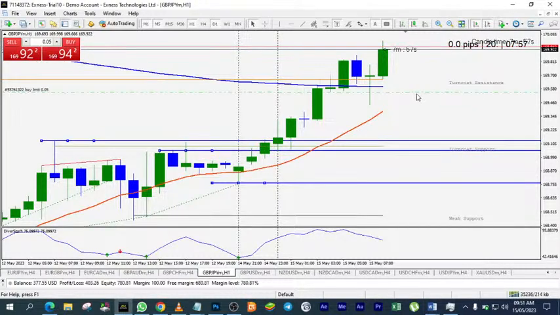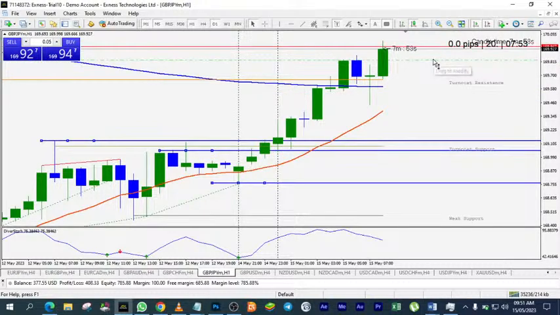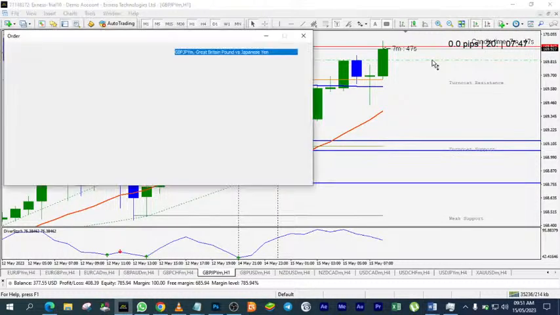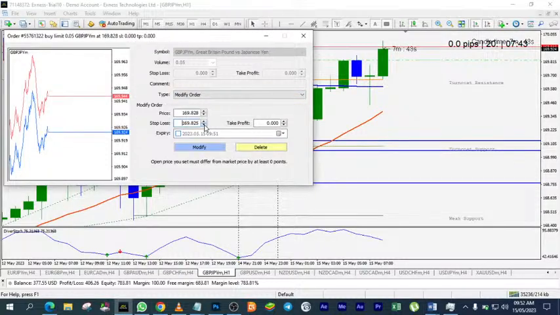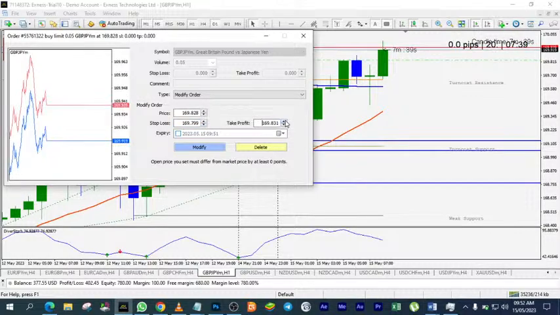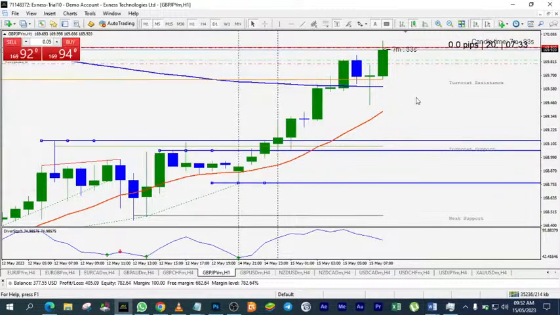Let me say I have a buy limit at this level here. Yep, you can actually buy from here, and then you should be looking to have your stop loss, and then your take profit around these levels.